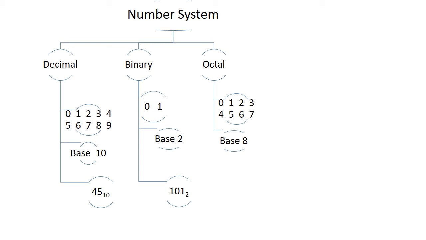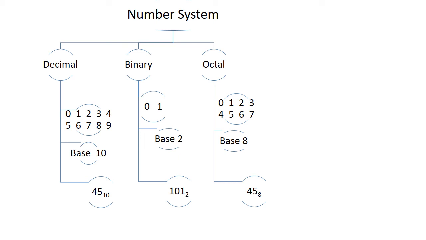If you are representing any number in octal, you have to give the base as 8. So I can't call it 45, because that goes to decimal. I should say 45 base 8.